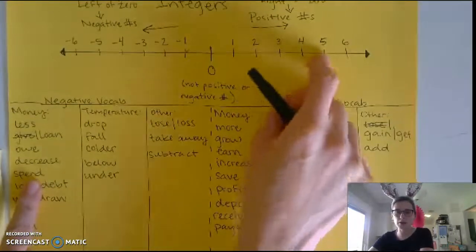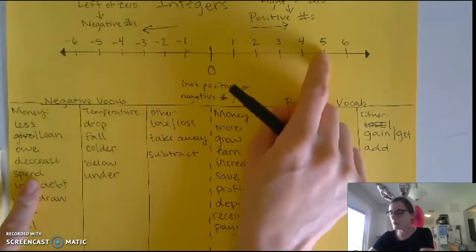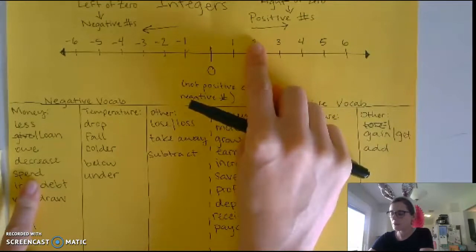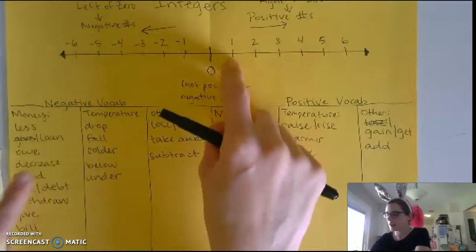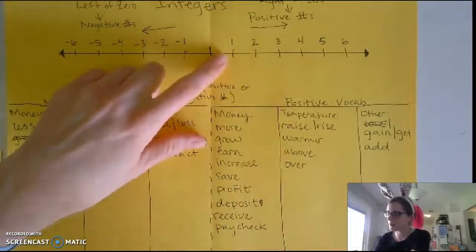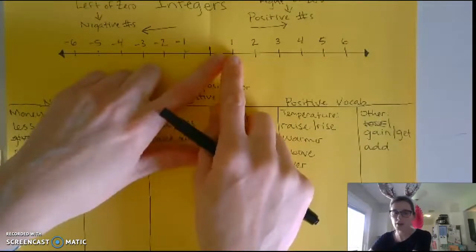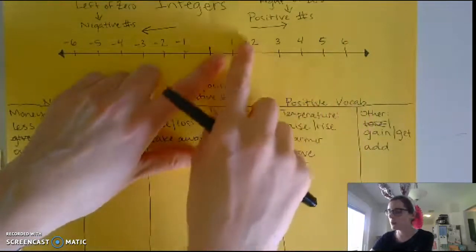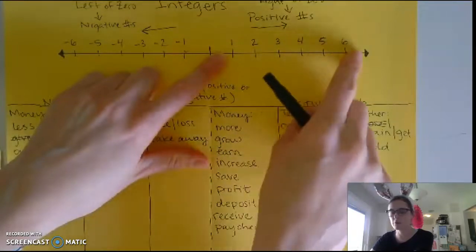So I spend $3, so I'm going to have to move back 3. 1, 2, 3. Okay, if I'm at $1 and I make a deposit for $5, I'm now increasing. So I am on this side, so I'm adding. So I'm going to go 1, 2, 3, 4, 5.